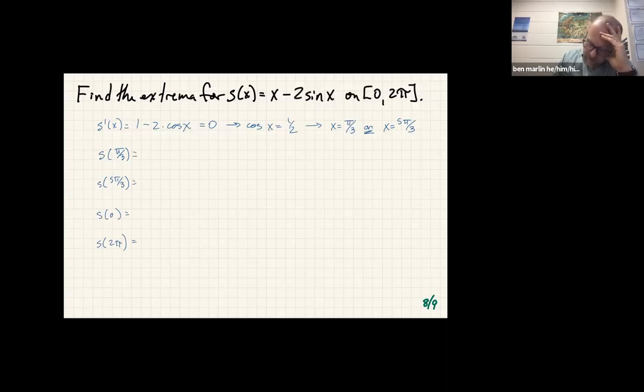So keep in mind with these, we are plugging into the original function, not the derivative. I know it gets confusing because of the local extrema, we had to do things with the derivative. All right, pi/3 minus 2 times the sine of pi/3, which is square root of 3/2. So we are going to end up with pi/3 minus the square root of 3.